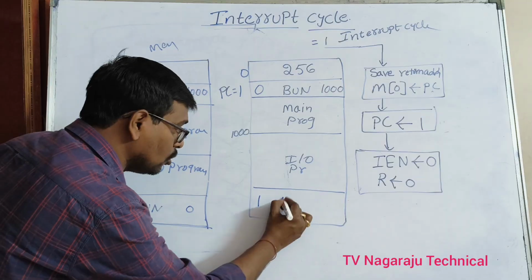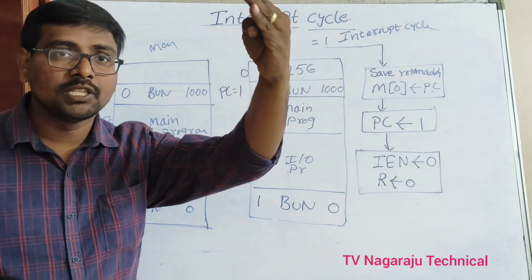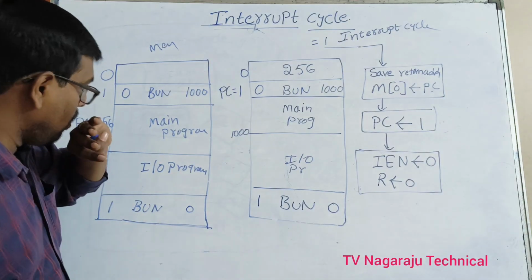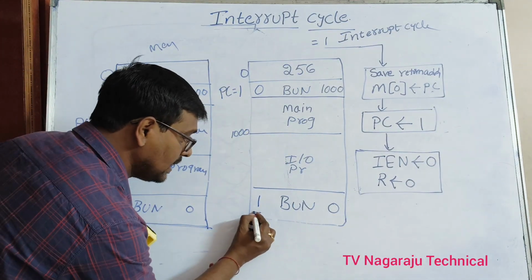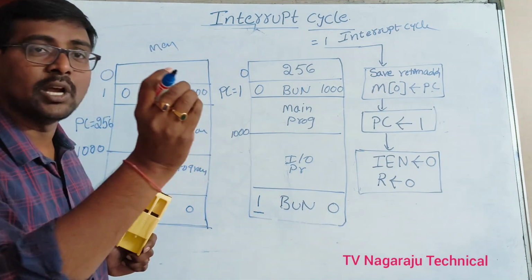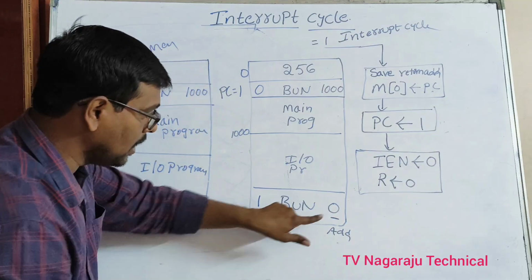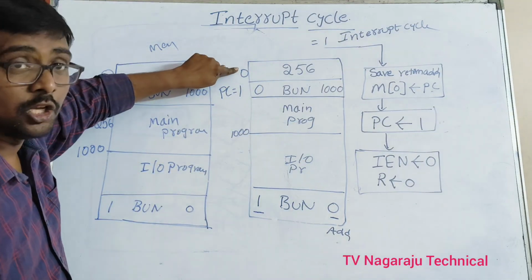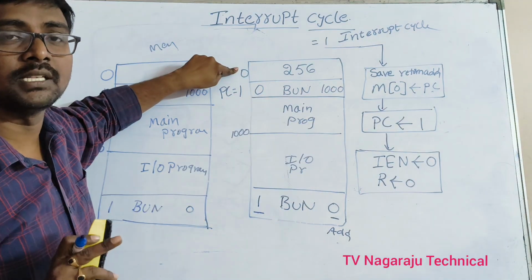After execution, by default execution is in sequential fashion, so it moves to the next instruction. What is this one? Indirect address, BUN, branch unconditionally. 0 means the address, so simply move to address 0, where the address of the instruction is available.